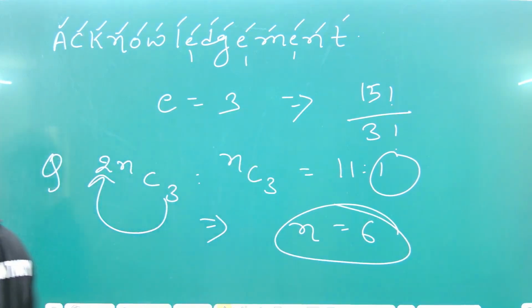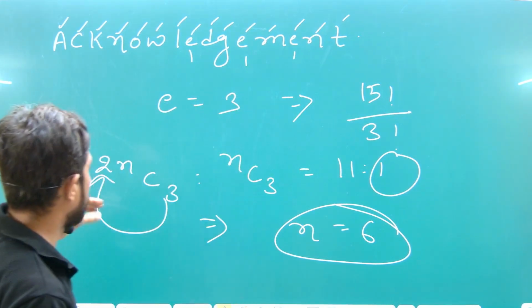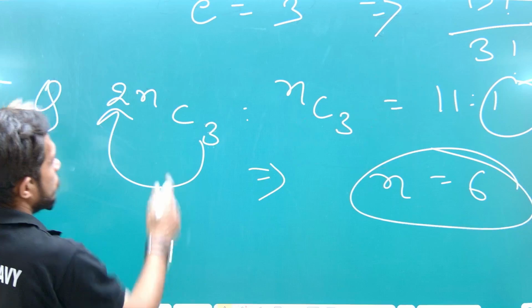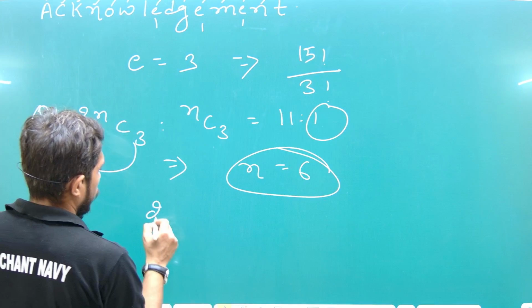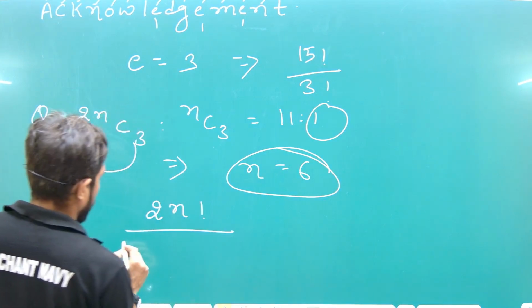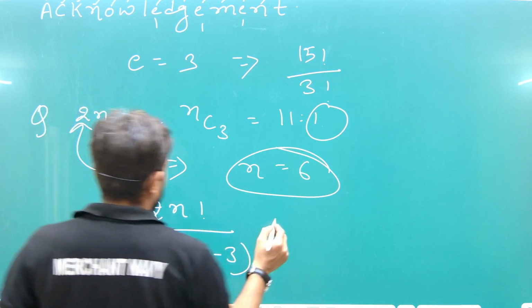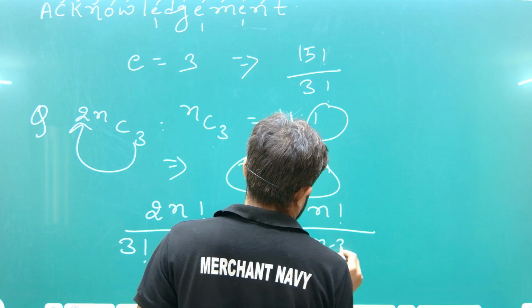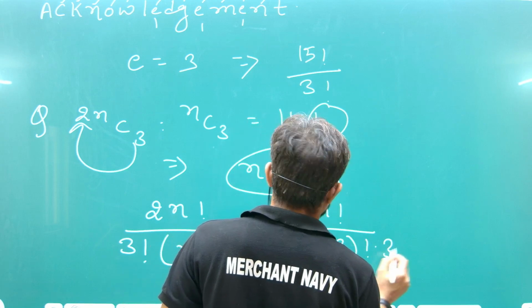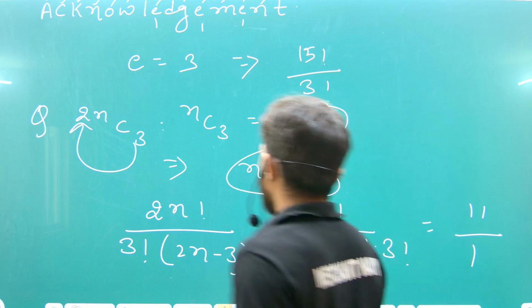Okay. This is a very easy question, or you can solve it by applying the combination formula. 2nC3 is 2n factorial upon 3 factorial and 2n minus 3 factorial, is to nC3, which becomes n factorial upon n minus 3 factorial into 3 factorial, equal to 11 by 1.